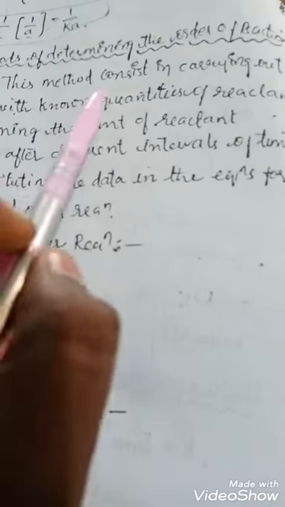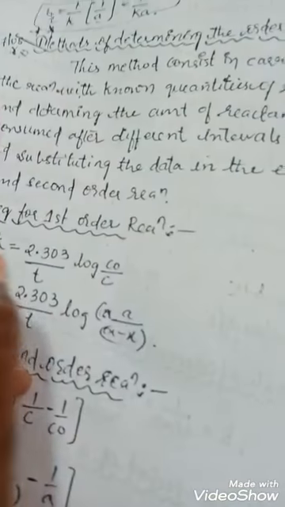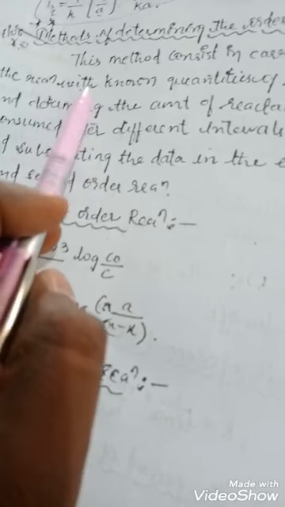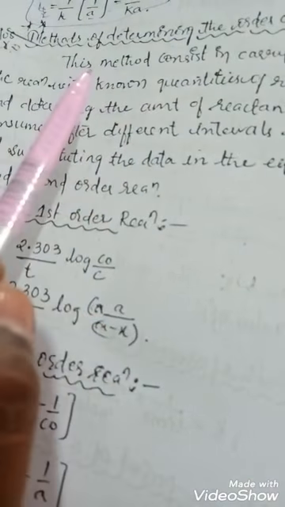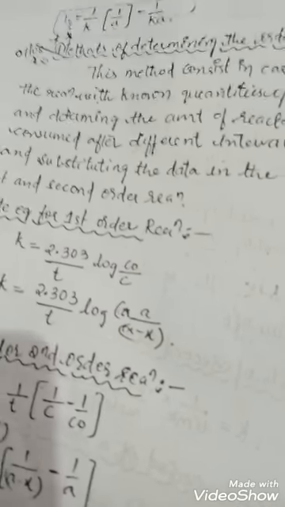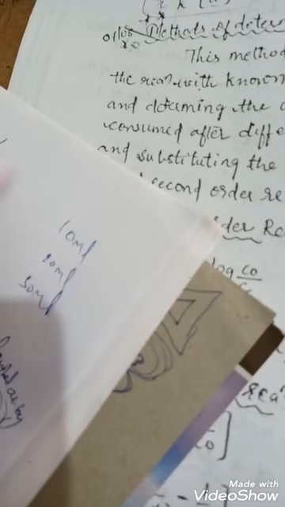Known quantities means we know how much, 10 ml, 20 ml, 30 ml.